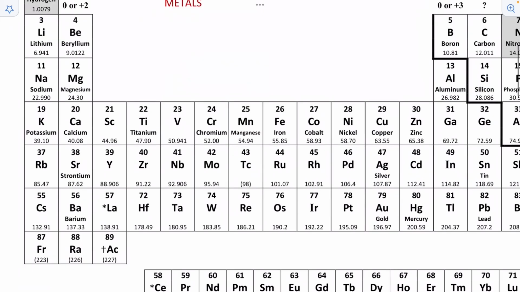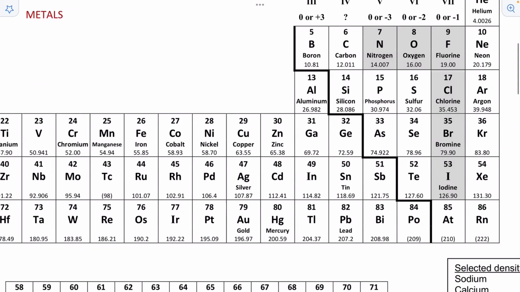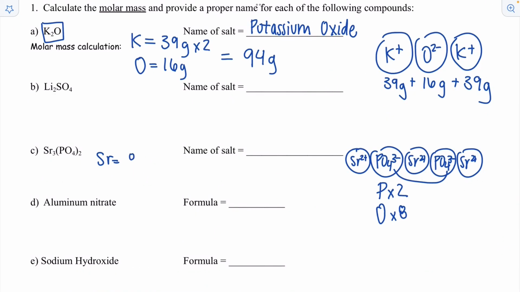So we look at our periodic table and we see strontium. We're going to round that up to 88. Phosphorus is 31, and we know oxygen is 16. So we do our subset of math here.